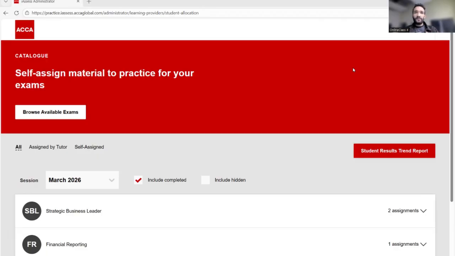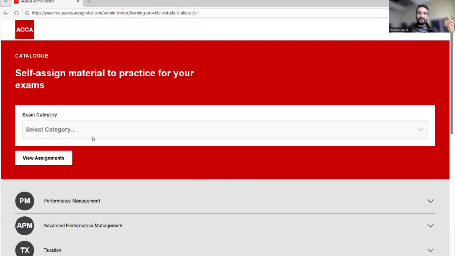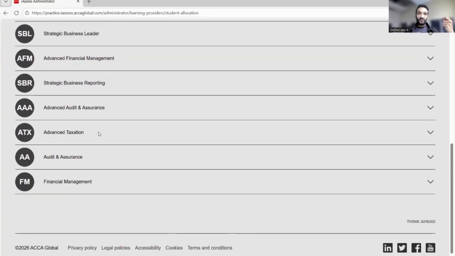So please be focused. First of all, we will be solving those questions on the practice platform, the ACCA practice platform. So listen very carefully. First of all, we have to log in to the practice platform. Then we have to access and assign the specific paper. If you browse the available exams, the focus is FR.